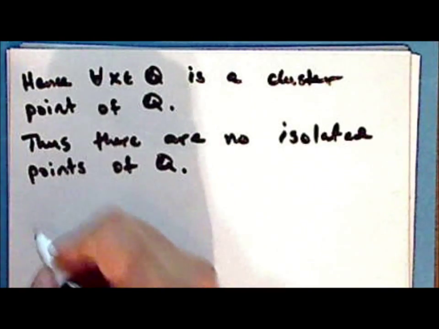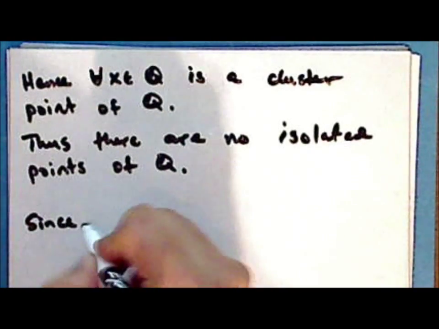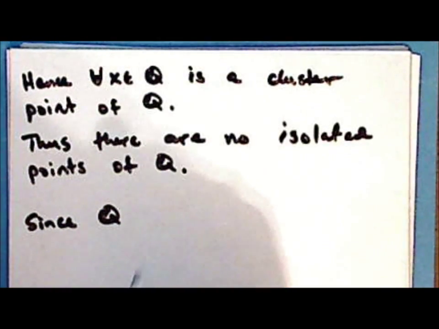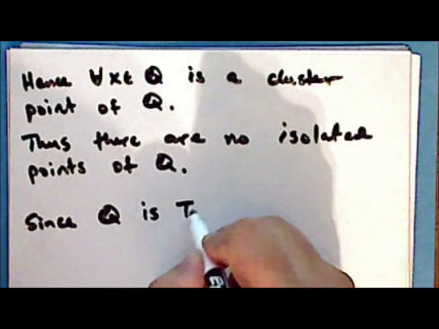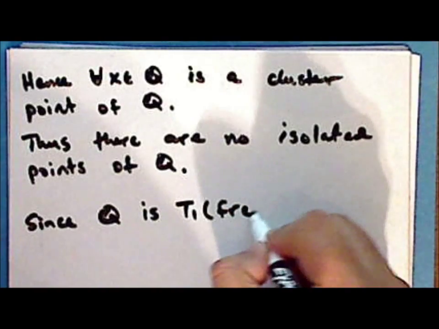Now, since the space of rationals in the order topology is T2, it is also T1 or Fréchet.